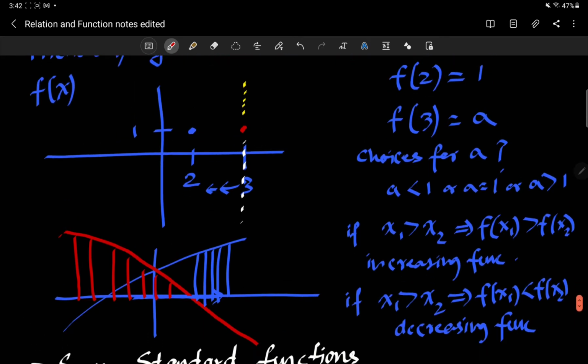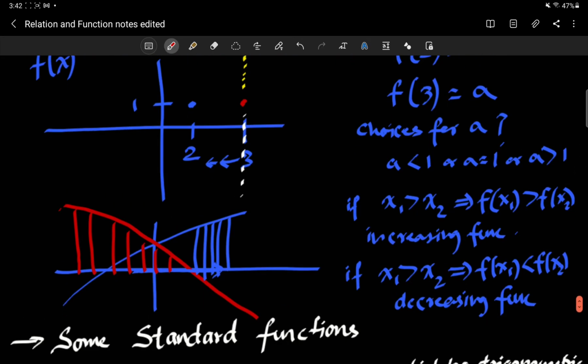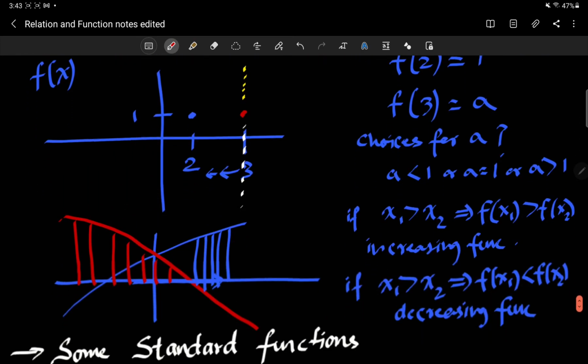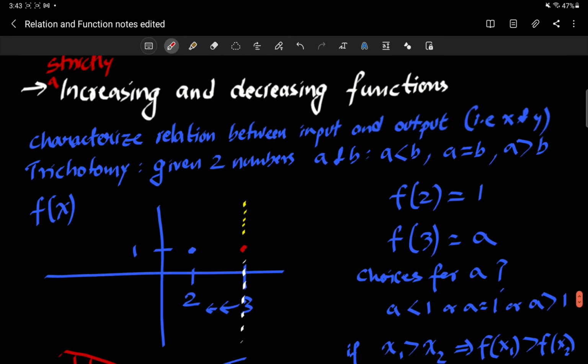Now, we are actually going to have to call these strictly increasing or decreasing functions. Strictly meaning because they cannot be equal. So if they are equal, then they are not strictly increasing, they are just increasing or decreasing.